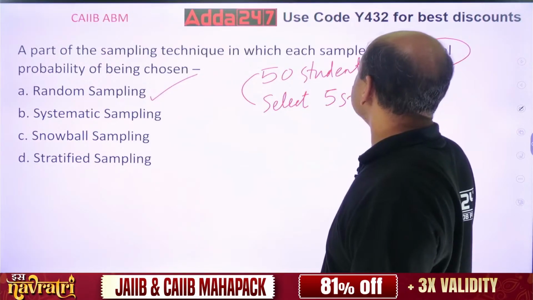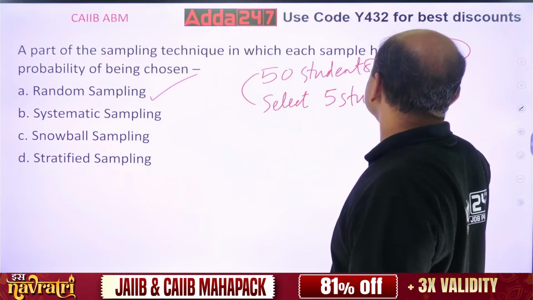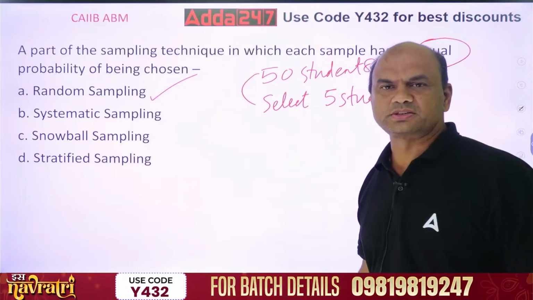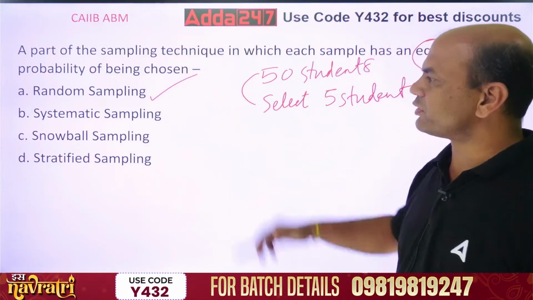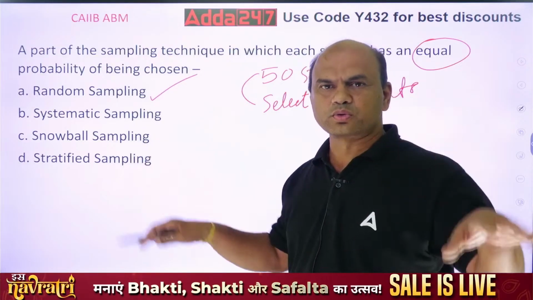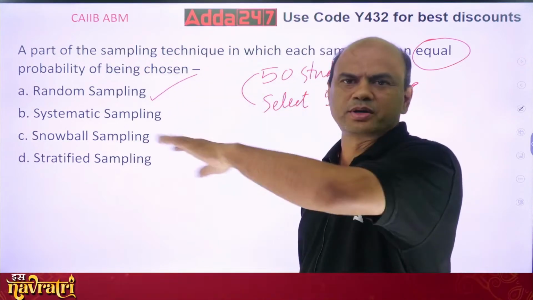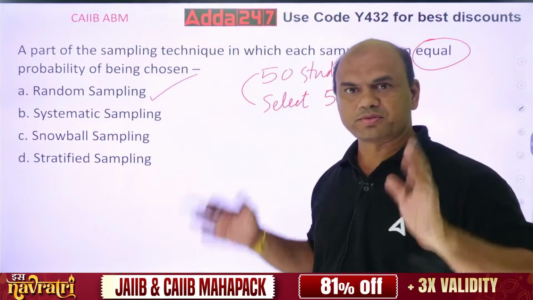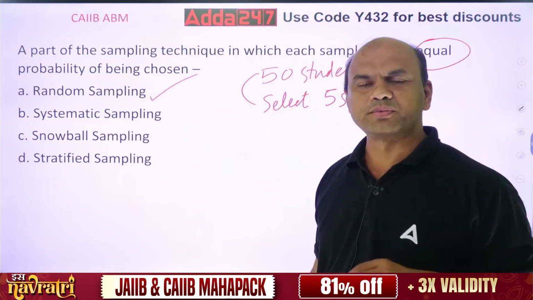Let's take some simple number. So in simple random, what will I do? I'll just close my eyes and move through these 50 students. Select any 5: 1, 2, 3, 4, 5. So that is simple random. Everyone has got equal chance.